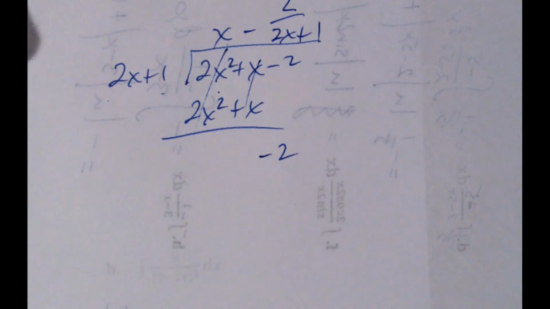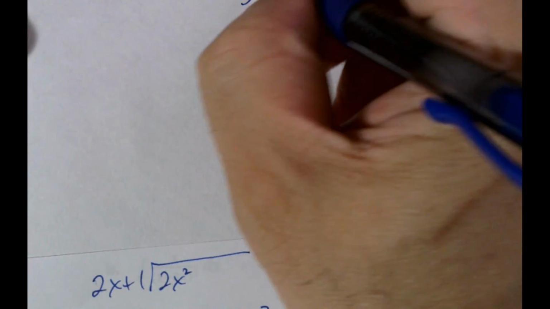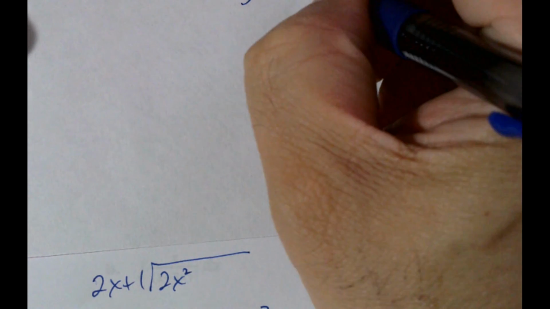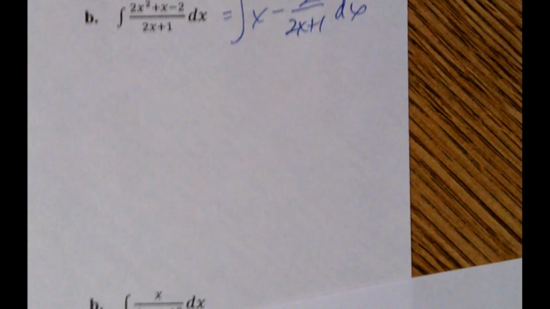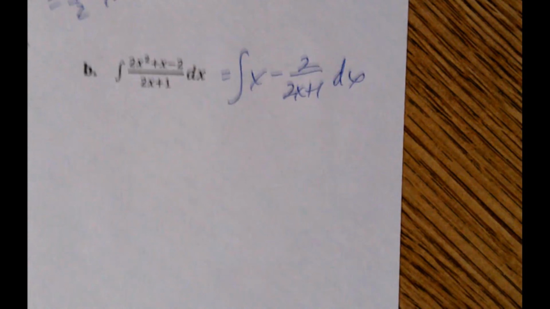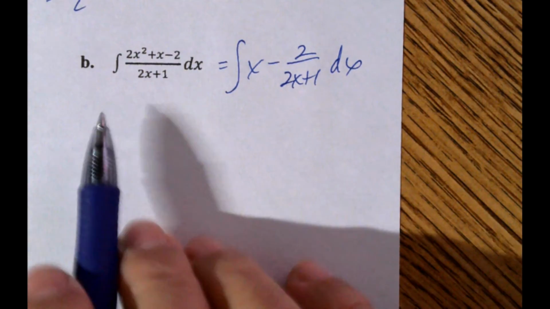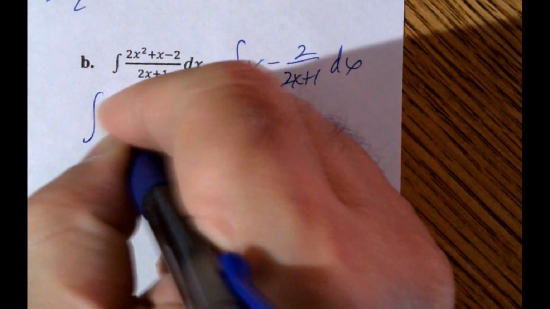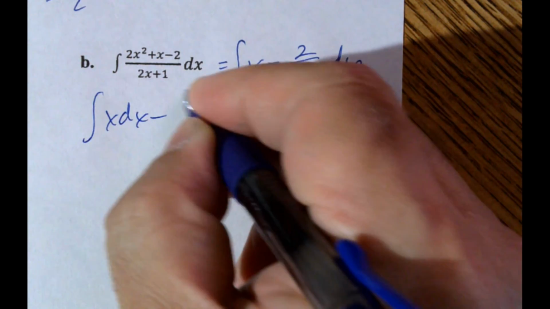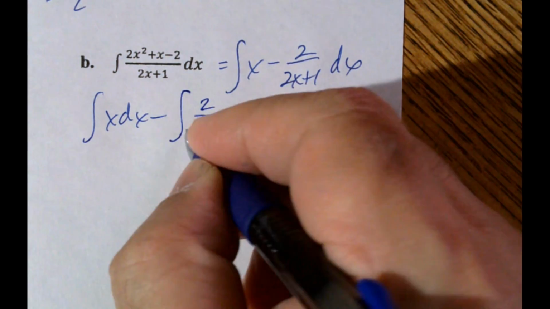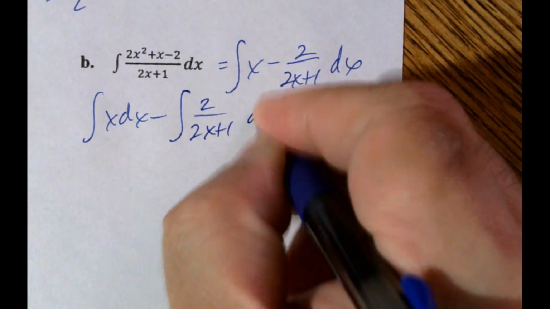So I'm going to rewrite that. So this is rewritten as x minus 2 over 2x plus 1 dx. Okay, again, I am going to separate them. So that's going to be x dx minus 2 over 2x plus 1 dx.